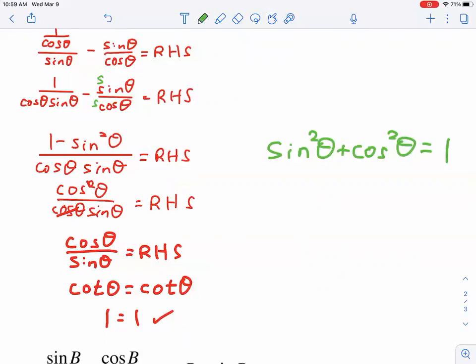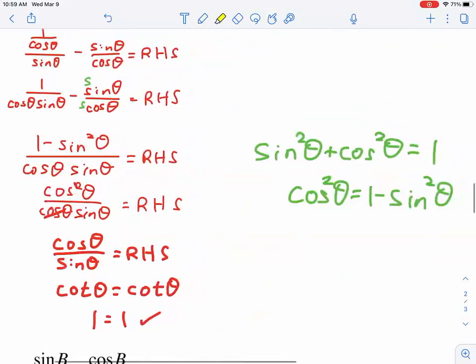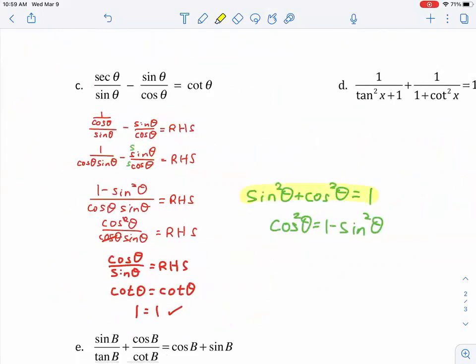Well, using this equation, if I subtract sine squared to the other side, that would state that cosine squared theta is 1 minus sine squared theta. Okay, I just rewrote this by moving the sine squared over.